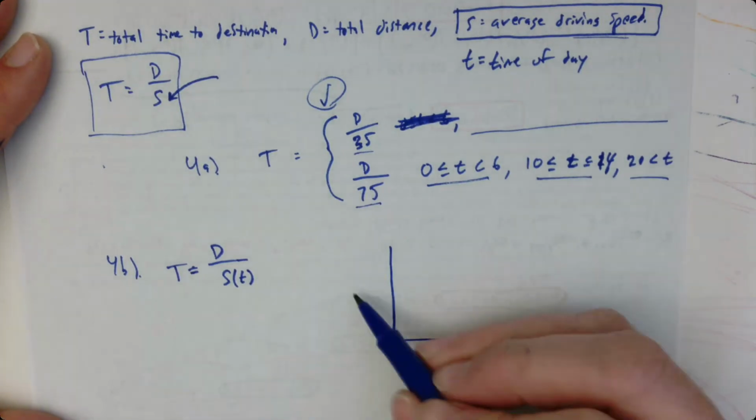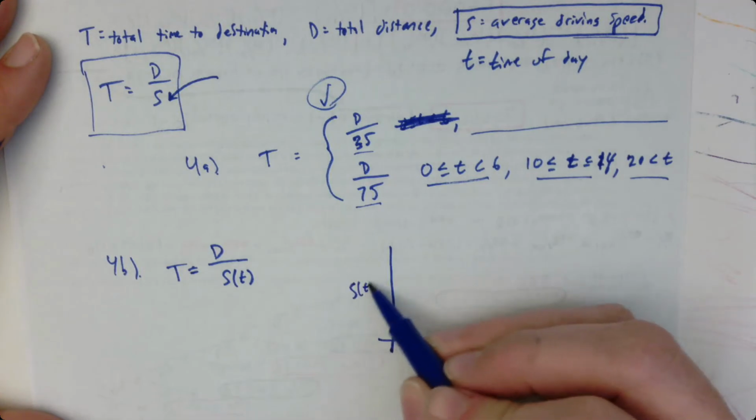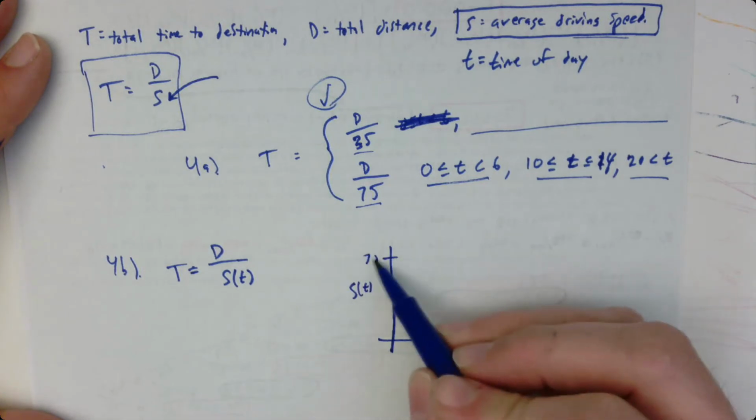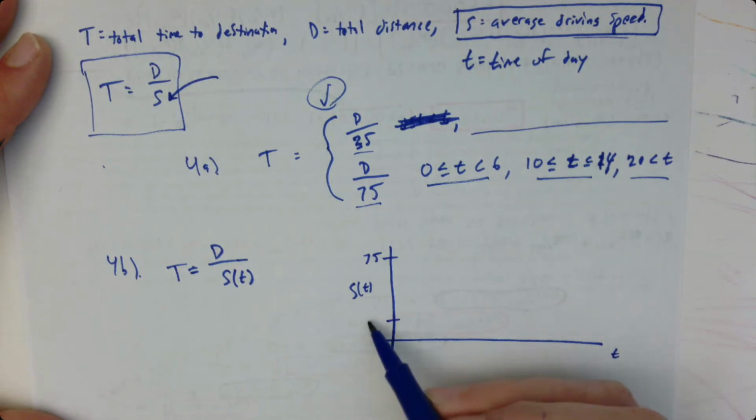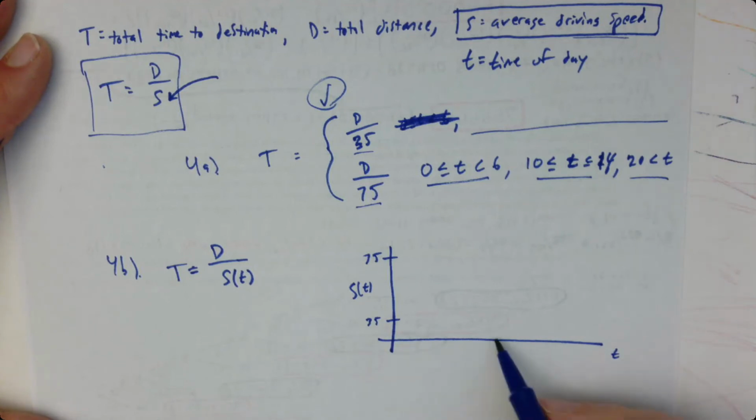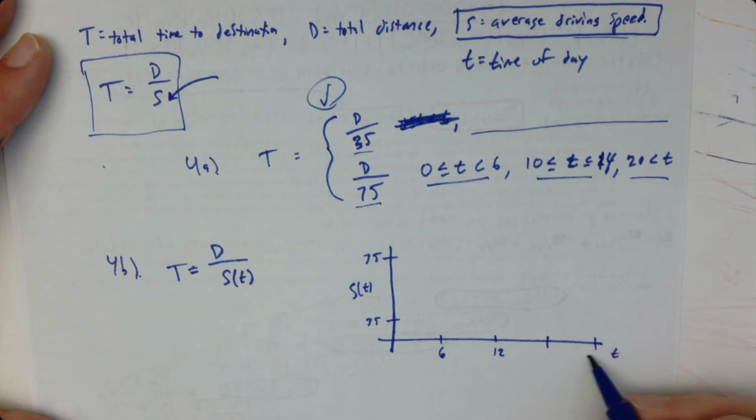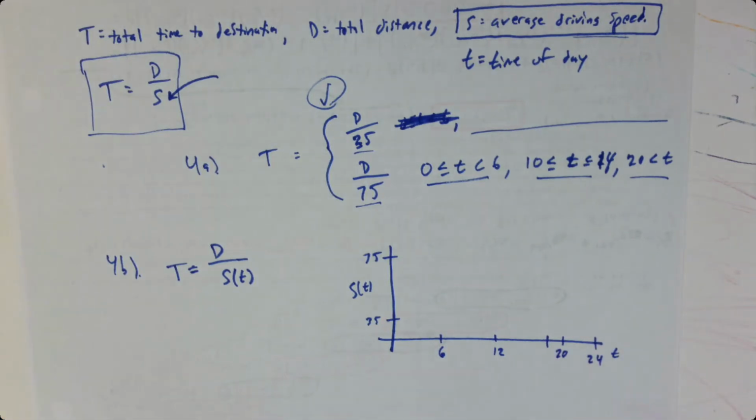It's a little bit hard to imagine an equation, but we can think about it intuitively in terms of a graph. If this is supposed to be my speed, let's say my maximum speed is going to be 75, my minimum speed is going to be 35, so traffic is never going to make my average driving speed slower than 35. Let's say this is noon, this is 6 a.m., this is midnight, and that's 8 p.m. So we could model it this way.